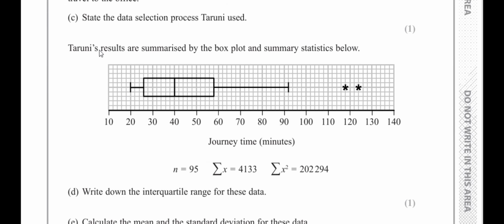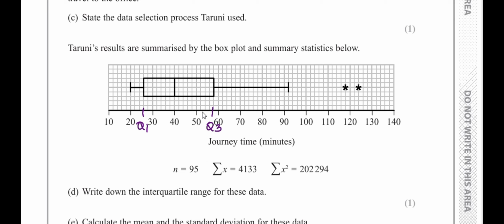Part D. Taruni's results are summarized by the box plot and summary statistics below. You can see 2 outliers there. The box plot diagram is given. For the statistics, n, the frequency, is 95, and sigma x and sigma x squared are given. Write down the interquartile range for these data. The interquartile range means Q3 minus Q1.